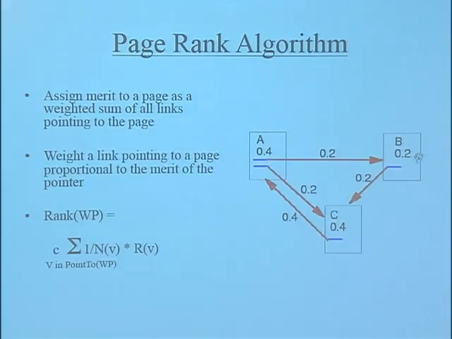B passes all of its merit points on to C. C has 0.2 from A and B, all of which gets passed on to A, which is the only source of its merit. So clearly we have long-term visit rates of 0.4, 0.2, and 0.2 that correspond to these, and it clearly has converged in this particular graph situation.